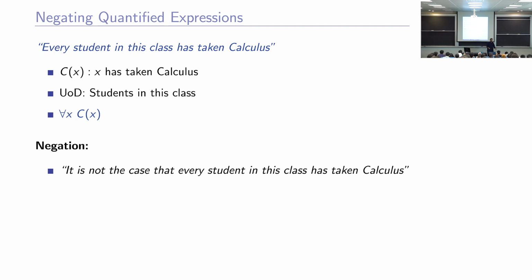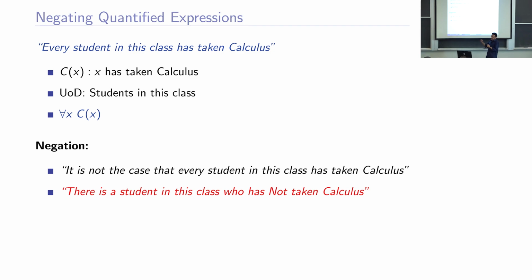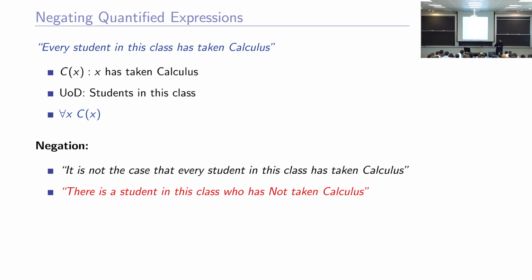What you said is that it is not the case. Suppose the class has 100 students. You just said it is not true that all 100 of them have taken calculus. So that's a correct translation. It is not the case that every student in this class has taken calculus. So there is some student who has not taken calculus, and only one is actually good enough to make the negation of the statement.